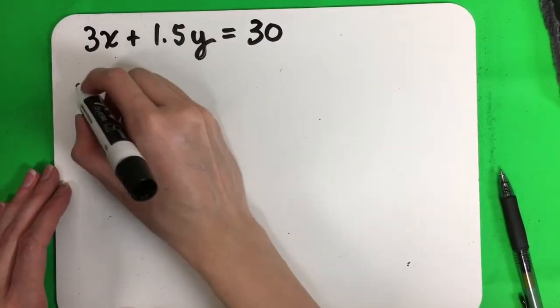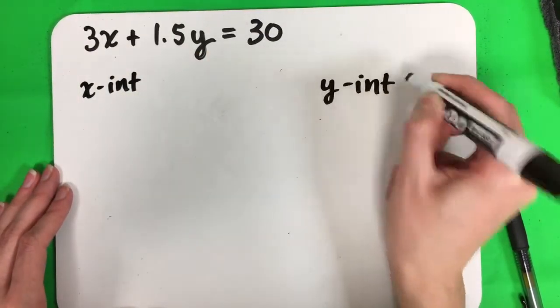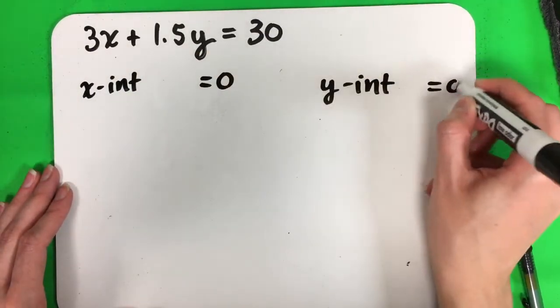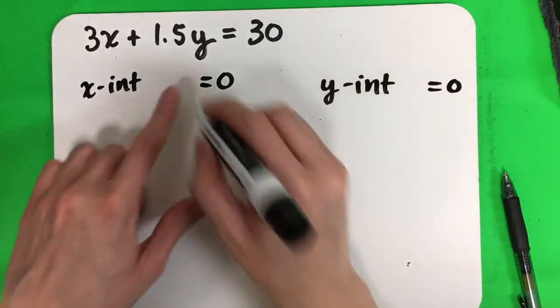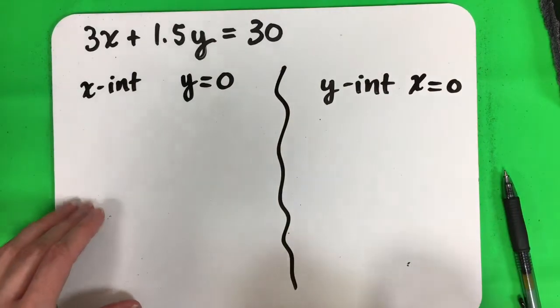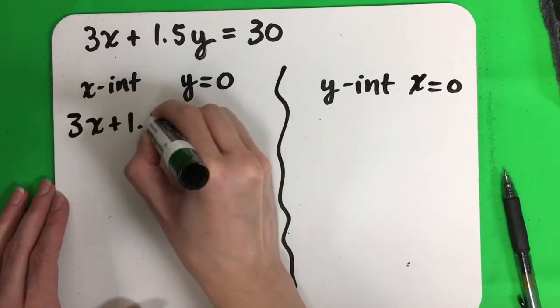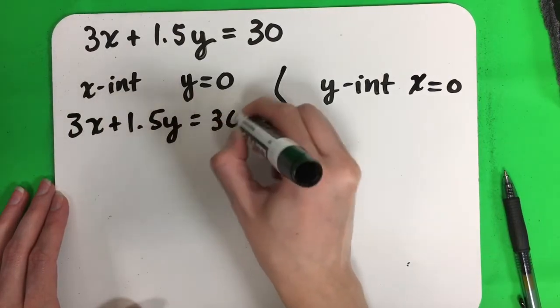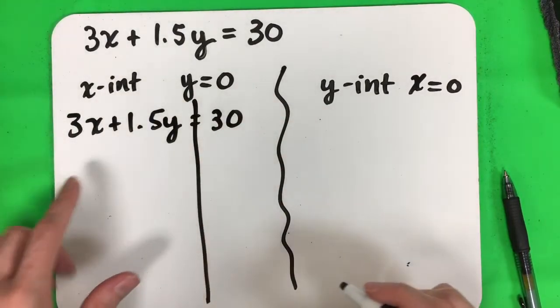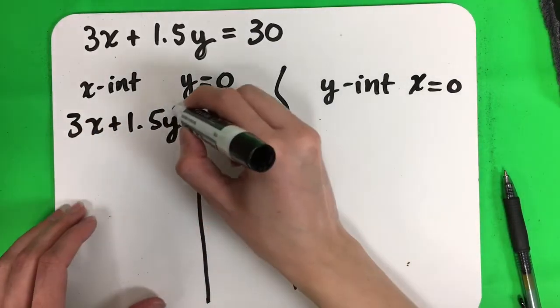And we're going to do the x-intercept and the y-intercept. And remember which one is 0. For the x-intercept, y is 0. And for the y-intercept, x is 0. So let's copy that. 3x plus 1.5y equals 30. For this one, y is 0.